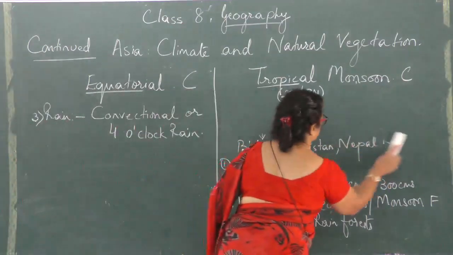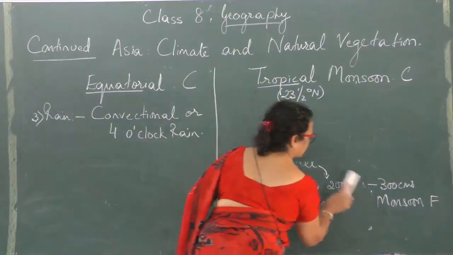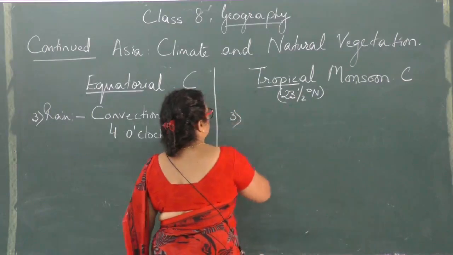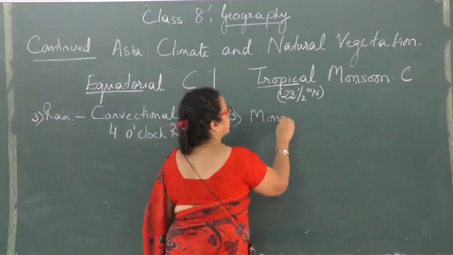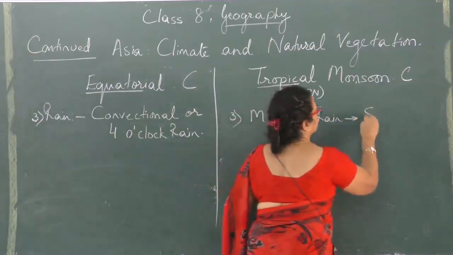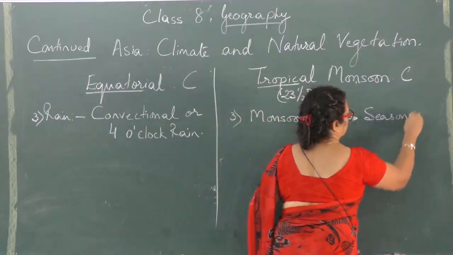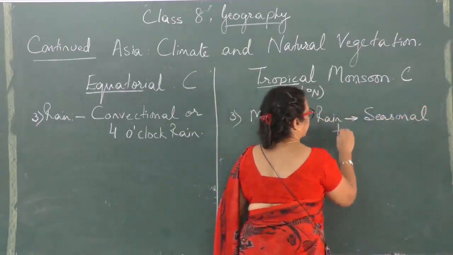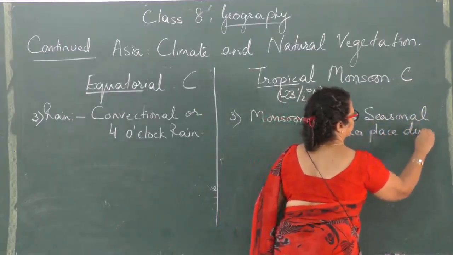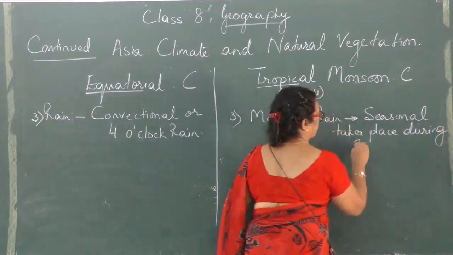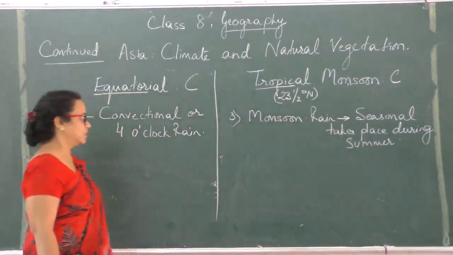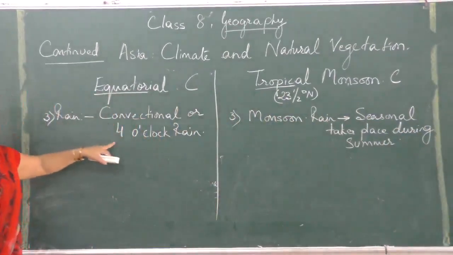Under tropical monsoon, we receive the monsoon rainfall. Monsoon rainfall is seasonal, and you can write in bracket, takes place during summer season. This is very important. Convectional or 4 o'clock rain.